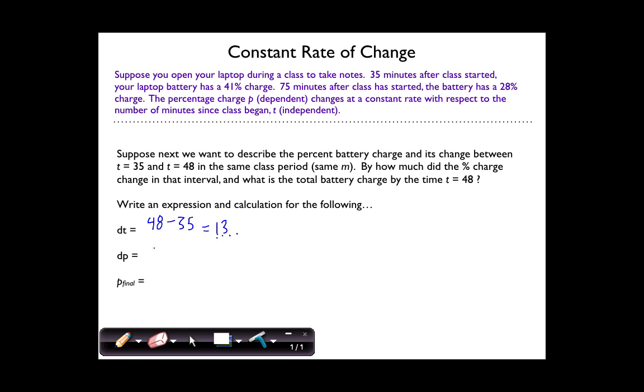So our same rate that we had before, negative 13 over 40, or negative 0.325 times 48 minus 35, or times 13. But this is our MDX.